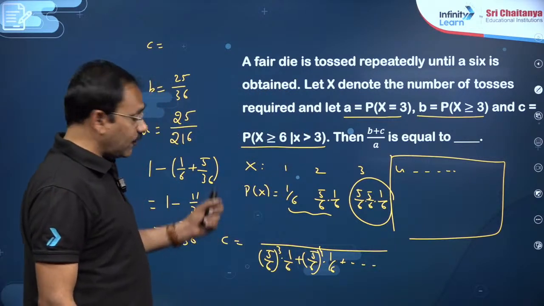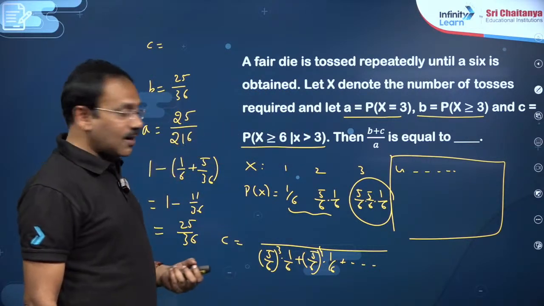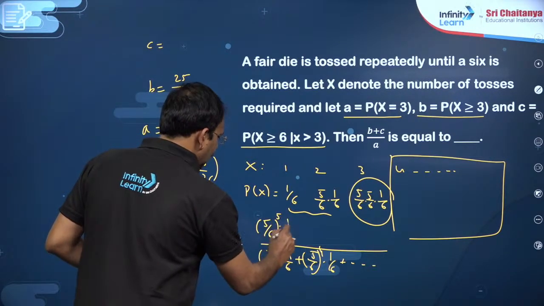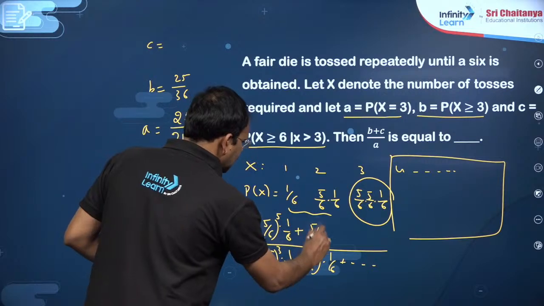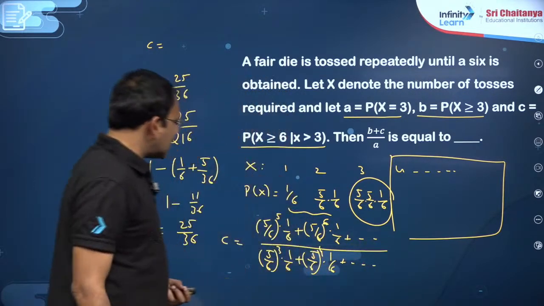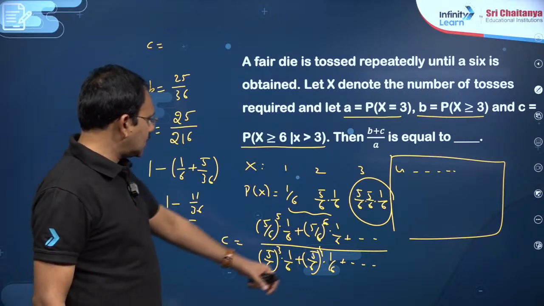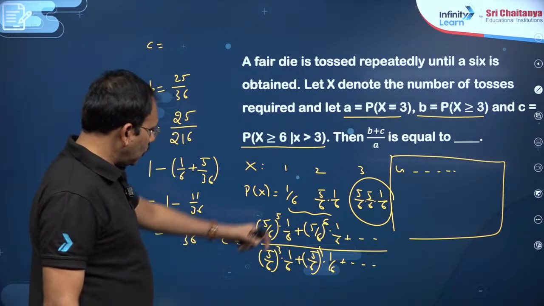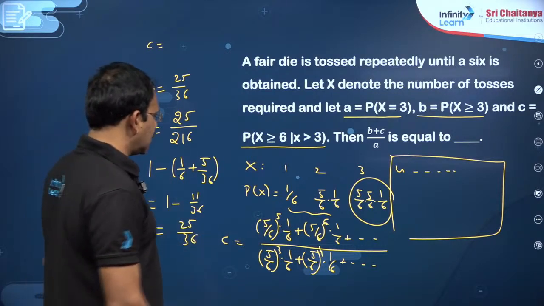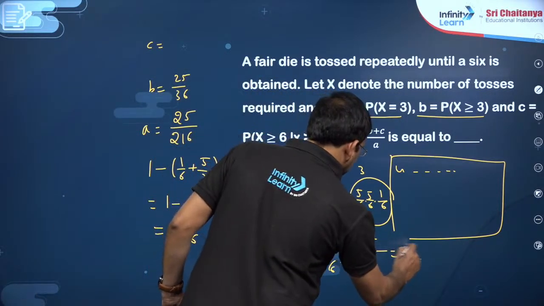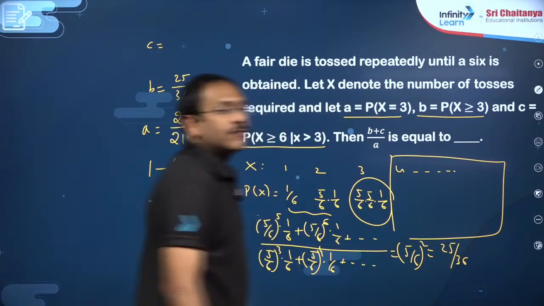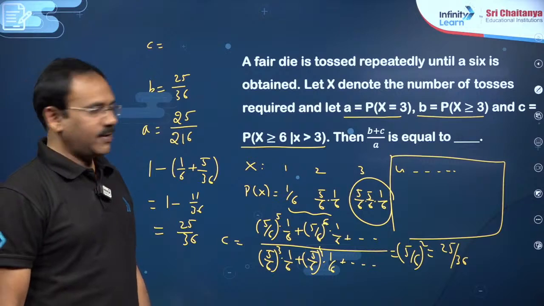Whereas in the numerator, X greater than or equal to 6 means the sixth trial: 5 by 6 whole power 5 into 1 by 6, 5 by 6 whole power 6 into 1 by 6, and so on. If you take 5 by 6 whole cube common, the denominator gets cancelled, and you will get 5 by 6 whole square, which is 25 by 36.